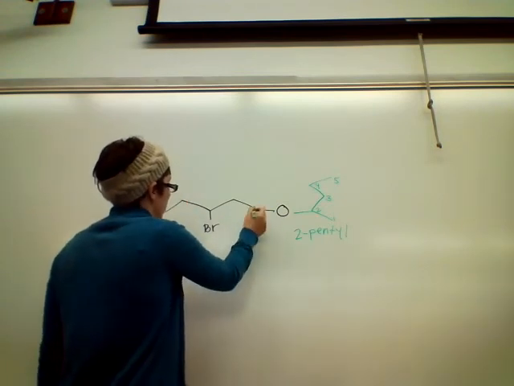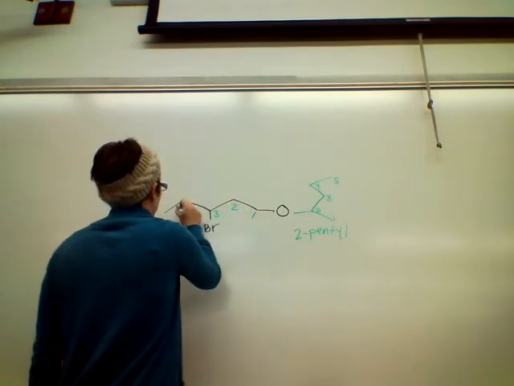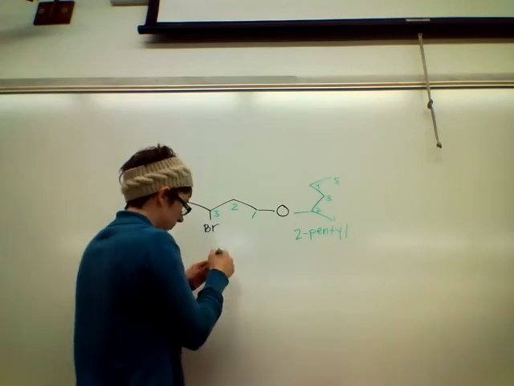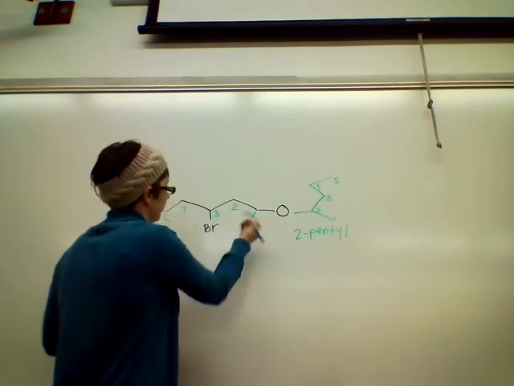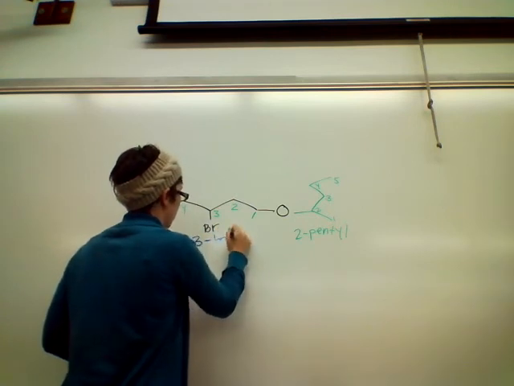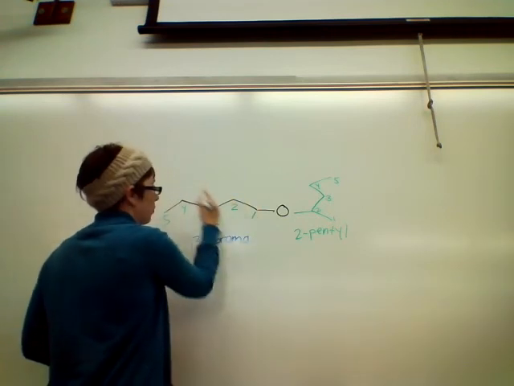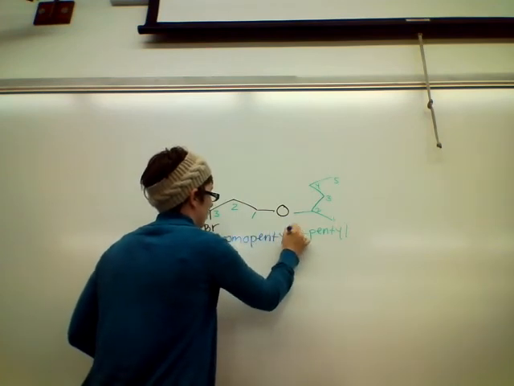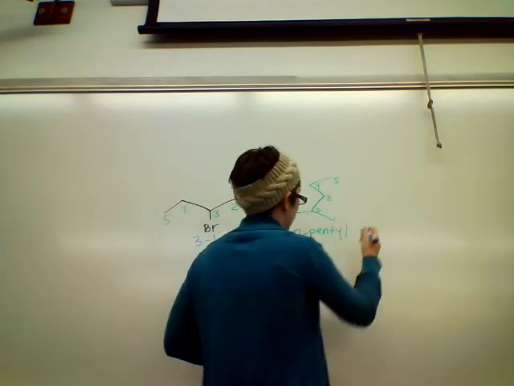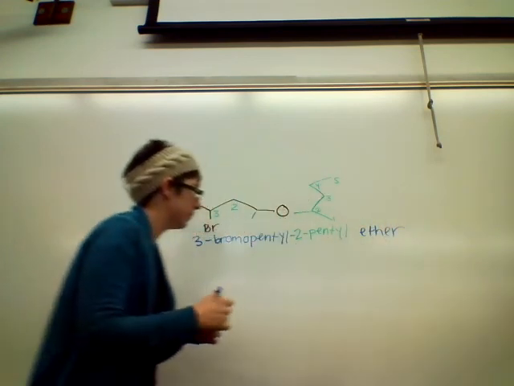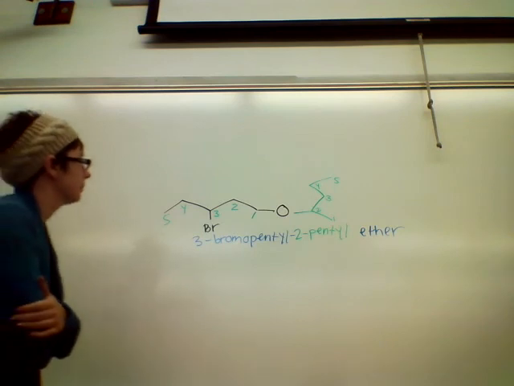And so this is carbon 1, 2, 3, 4, 5. So we're going to say 3-bromopentyl, 2-pentyl ether. Check that off the page.